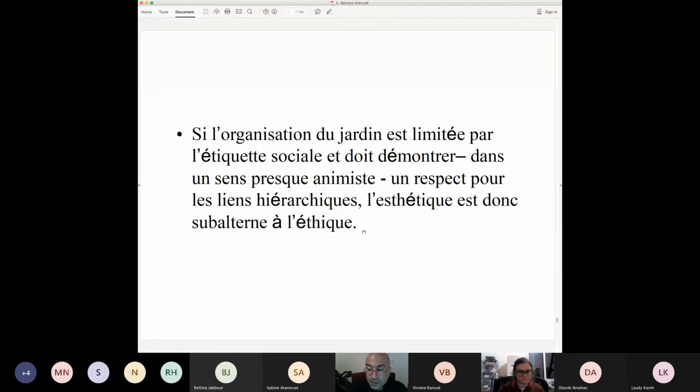So, in a sense, the garden must demonstrate, in an almost animistic, religiously animistic sense, a respect for the hierarchical relationship of the society, of the Japanese society. Meaning, of course, and we've already stated it, aesthetic being in a lower position than ethics.